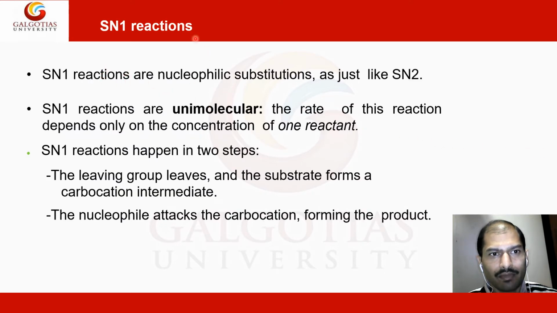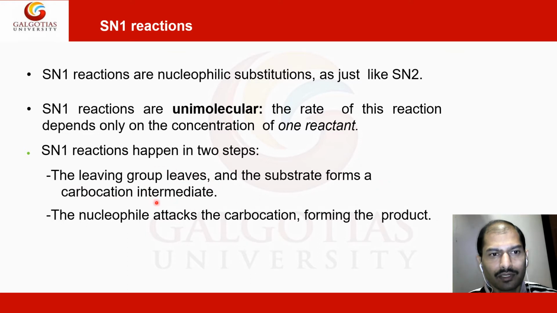In the case of the SN1 reaction, these are nucleophilic substitutions just like SN2, but unimolecular. The rate of this reaction depends only on the concentration of the reactant. The SN1 reaction takes place in two steps. The leaving group leaves the substrate and forms a carbocation intermediate.